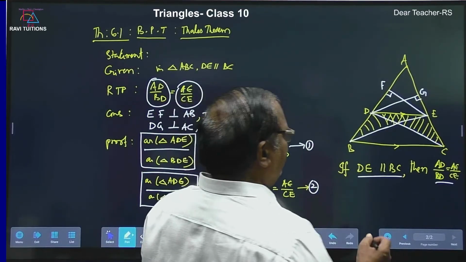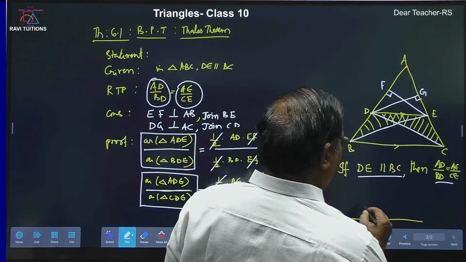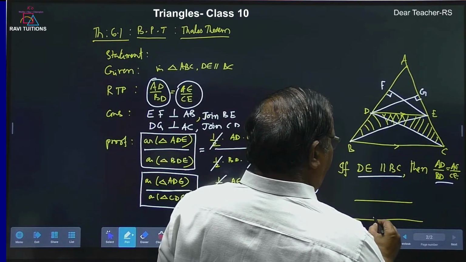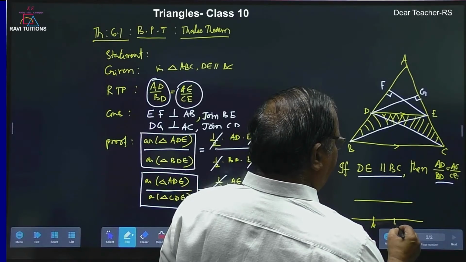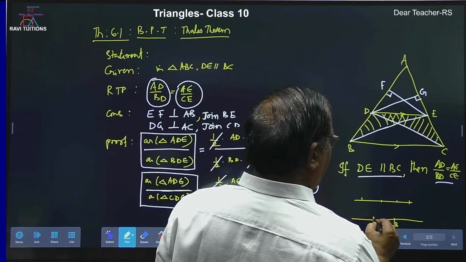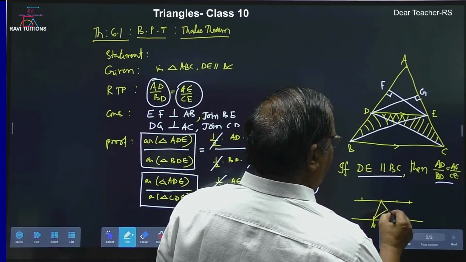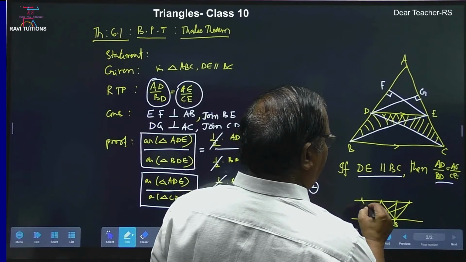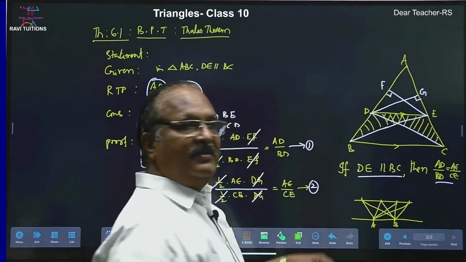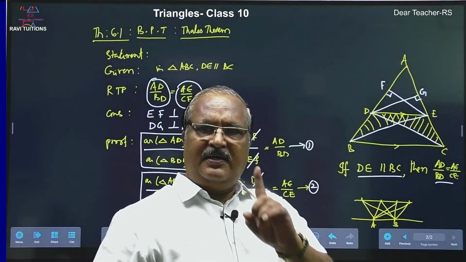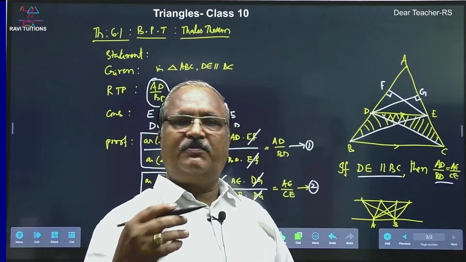For that I will draw a small figure. These are two parallel lines. Now AB is one base. Let us take different points. This is one triangle, this is another triangle, this is another triangle. All these triangles are between two parallels and on the same base. They are equal in area. Last year you have proved it.